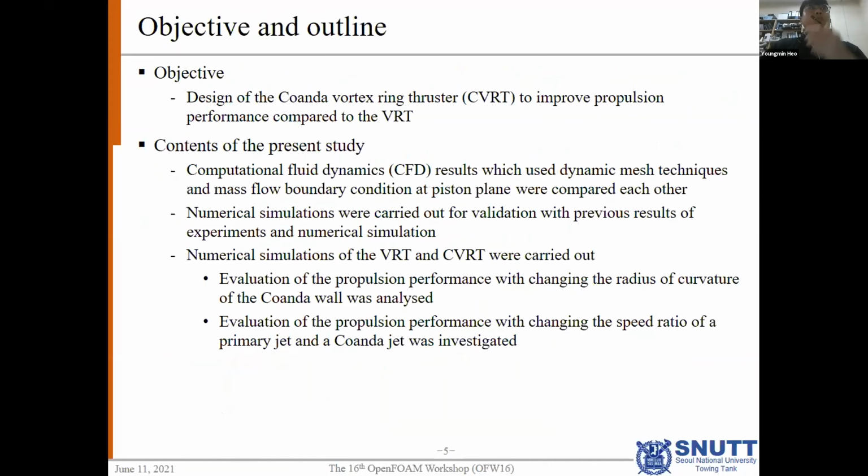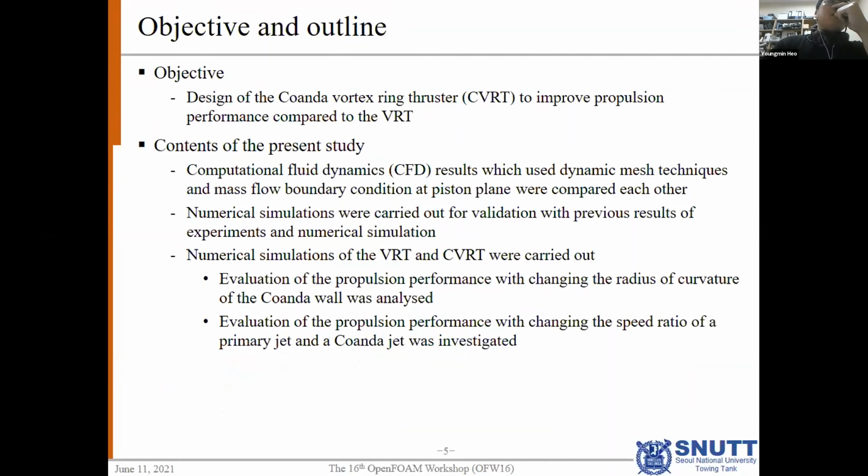The objective of the present study is to design the Coanda vortex ring thruster, hereafter CVRT, to improve propulsion performance compared to the VRT. Contents of the present study are as below. Computational fluid dynamics results which use the dynamic mesh technique and the mass flow boundary condition at the piston plane are compared.